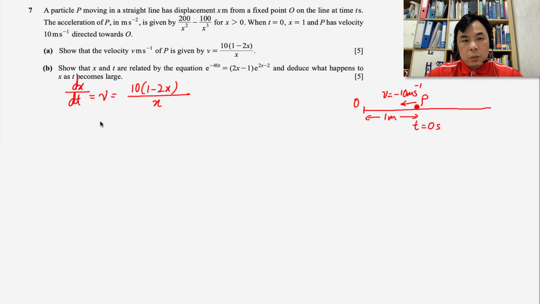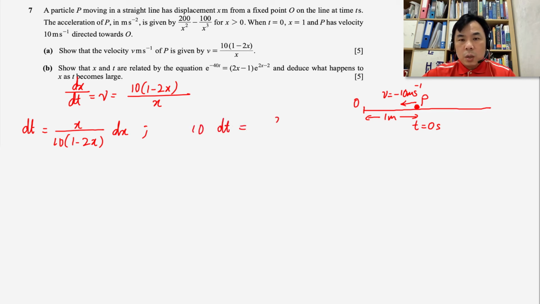So now that would actually be x over 10 times (1 minus 2x) dx is equal to dt. Now that's how it looks like. If you like, you can also write it down as such. So for instance, you can bring the 10 over if you want. So that is 10 dt is equal to x over (1 minus 2x) dx.